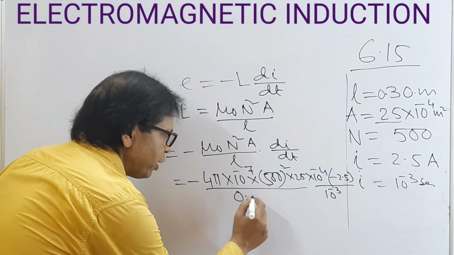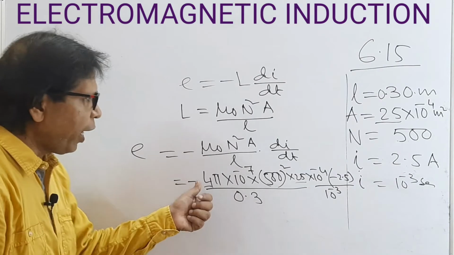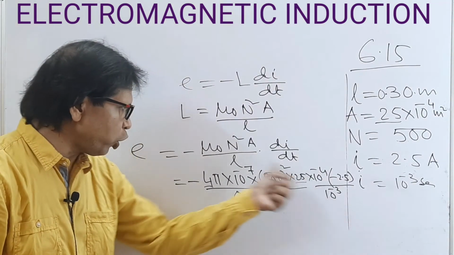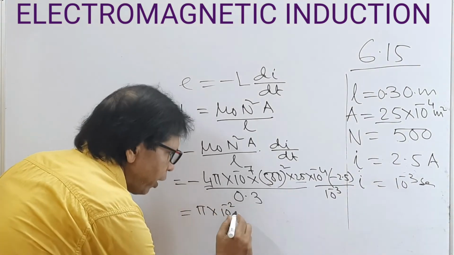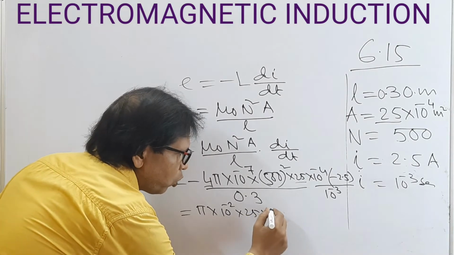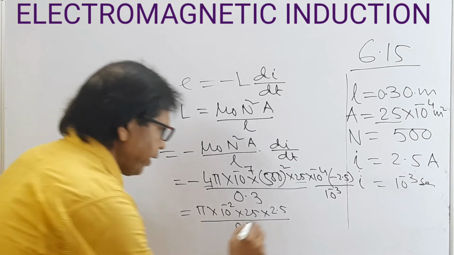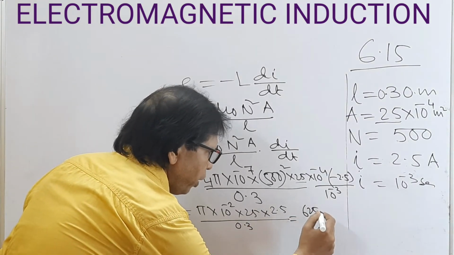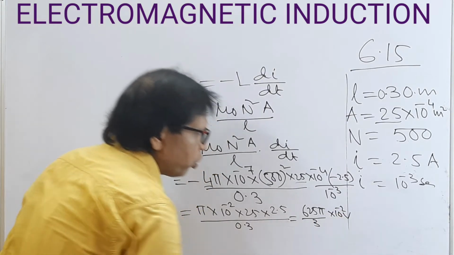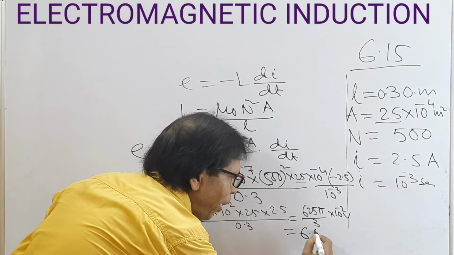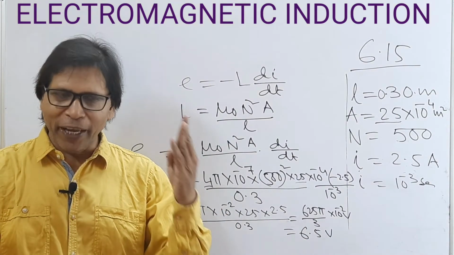So this is 0.3. Now this into 400, 100 into 10 to the power minus 3, so 10 to the power 5. So this is pi into 10 to the power minus 2, into 25 into 2.5 divided by 0.3. So this is 625 pi divided by 3 into 10 to the power minus 2 volt. This is 6.5 volt, the magnitude of induced EMF or back EMF.